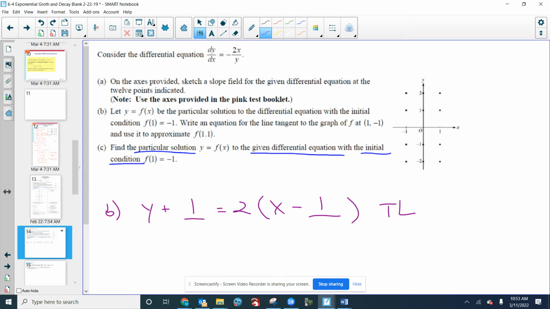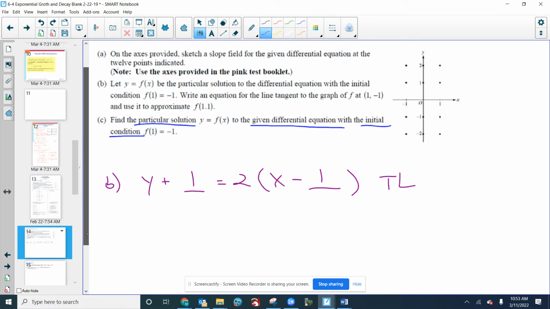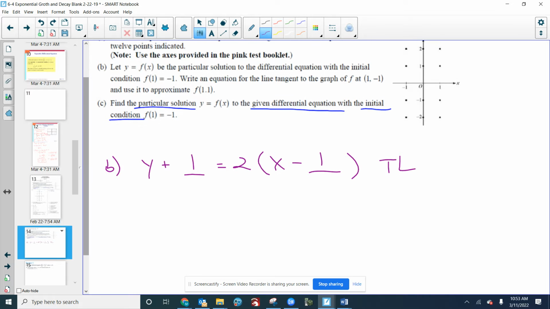Now, what about using it to approximate f(1.1)? Oh, yeah, I remember this. Linear approximation. So linear approximation was L(1.1) is approximately f(1.1). But wait a minute.